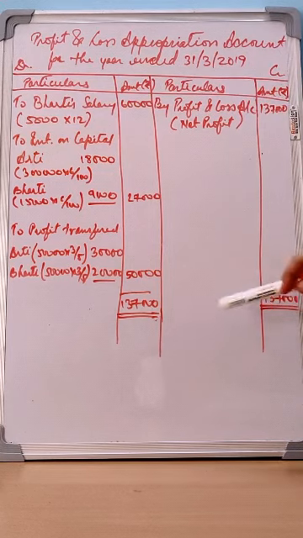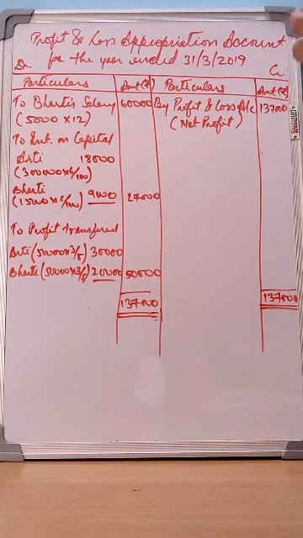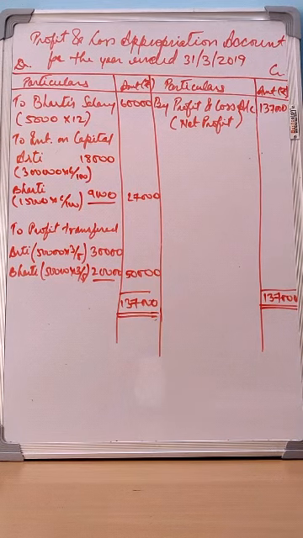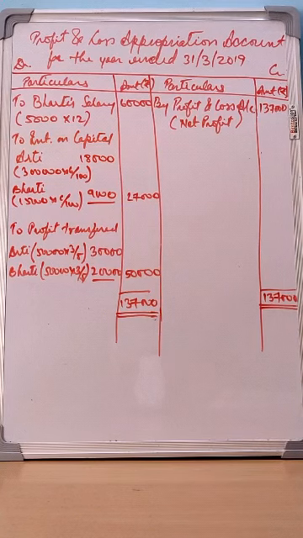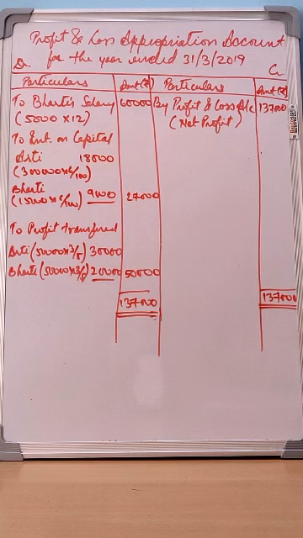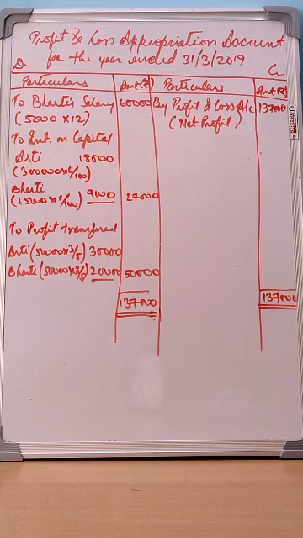Now in the appropriation account, we will distribute various amounts to the partners, like salary. That is why it is called the appropriation account, because we are appropriating the profits to the partners under various heads. Please go to your questions and see the adjustments.